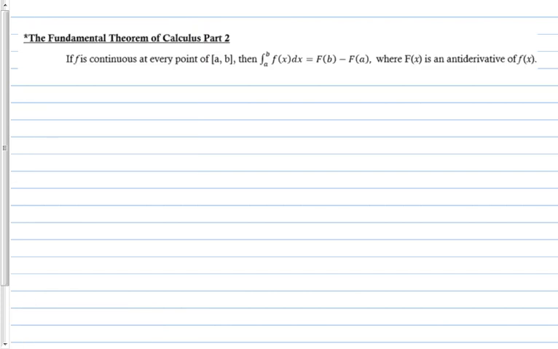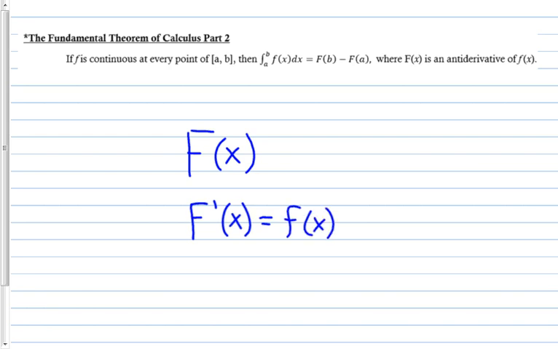Well, you know what? Let me touch base on that. So that means if I take this function, which is the antiderivative, okay, if I were to derive it, I would end up with F prime, big F, right, prime of x, and that derivative would equal my little f. Okay, all right.